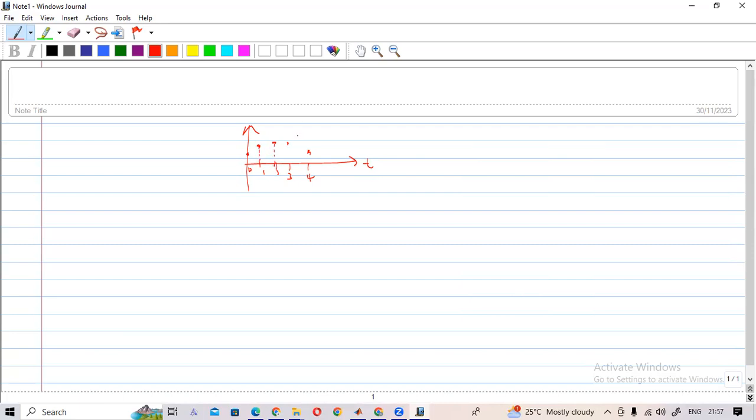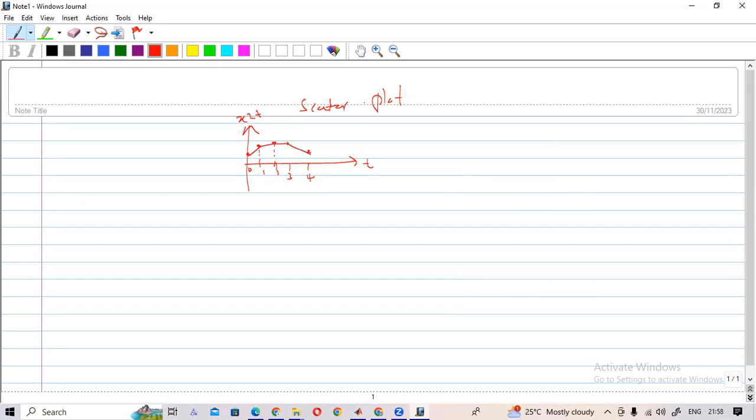If you use the scatter command, it will show only these points, the dependent variable points. If you use the plot command, it joins these points together.